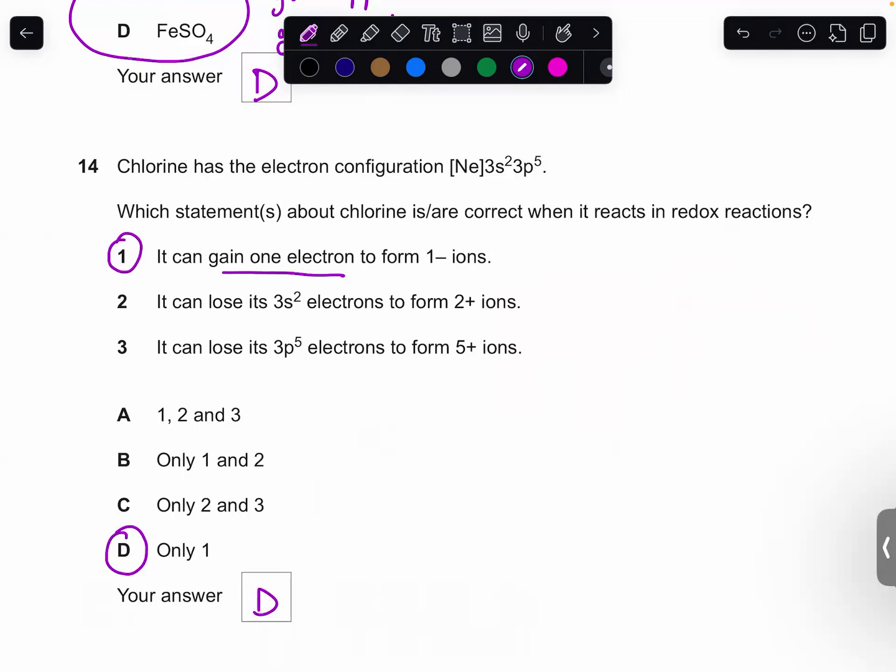It can't lose these 3s2 electrons or 3p5 electrons to form these lone ions. Though it can have oxidation states of +5 and +2, it doesn't form those ions. A bit of a tricky question, actually, this one.